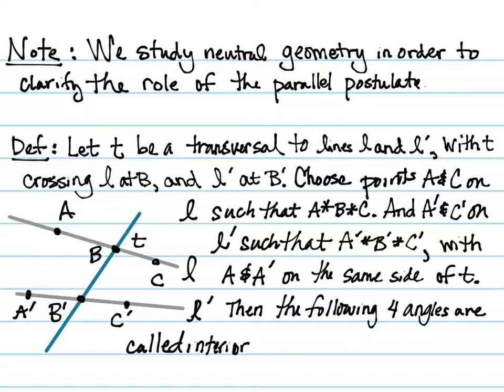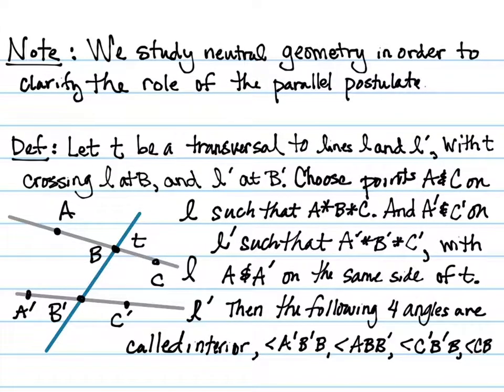And these are the angles: angle A prime, B prime, B; angle A, B, B prime; angle C prime, B prime, B, and I'll mark them in a minute; and angle C, B, B prime.